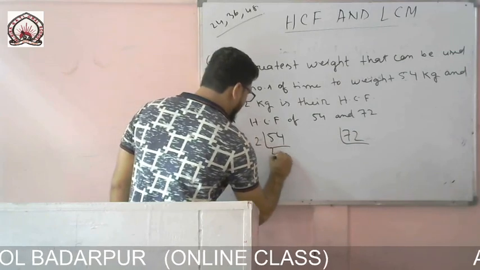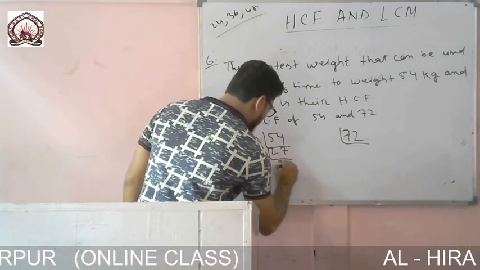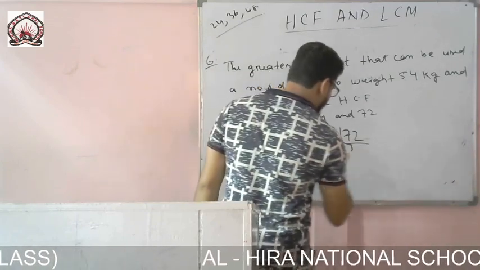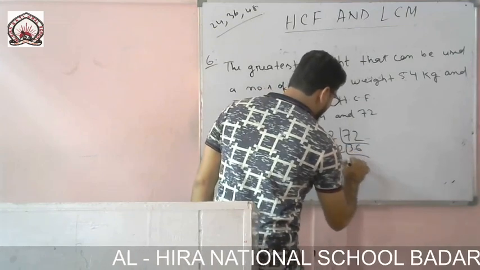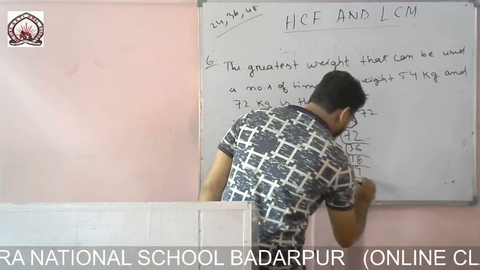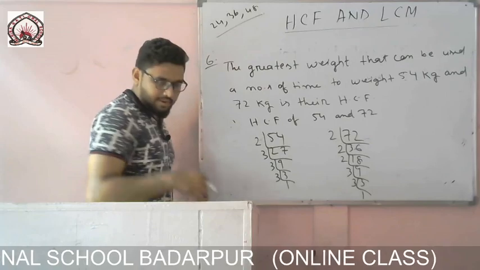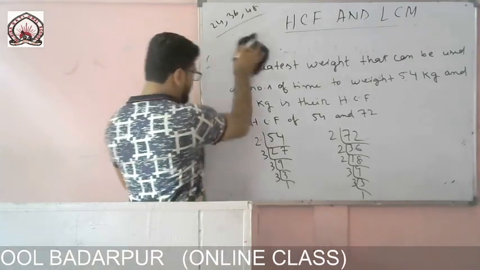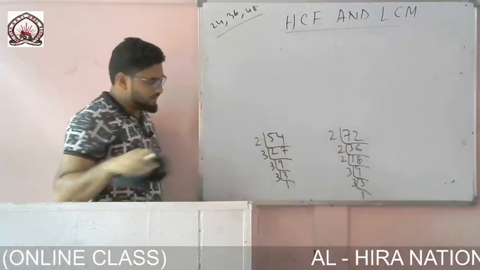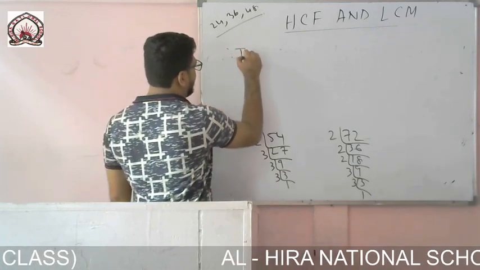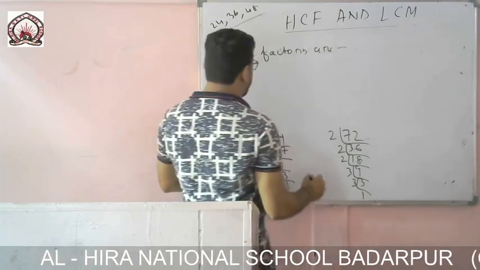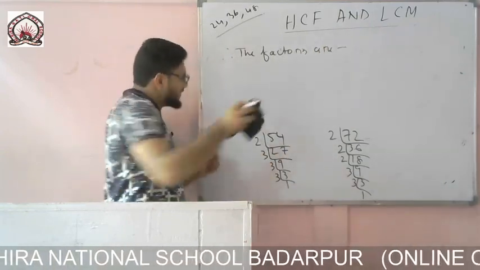For 54: 2 2s are 4, 2 27s are 54, 3 9s are 27, 3 3s are 9, 3 1s are 3. For 72: 2 36s are 72, 2 18s are 36, 2 9s are 18, 3 3s are 9, 3 1s are 3.